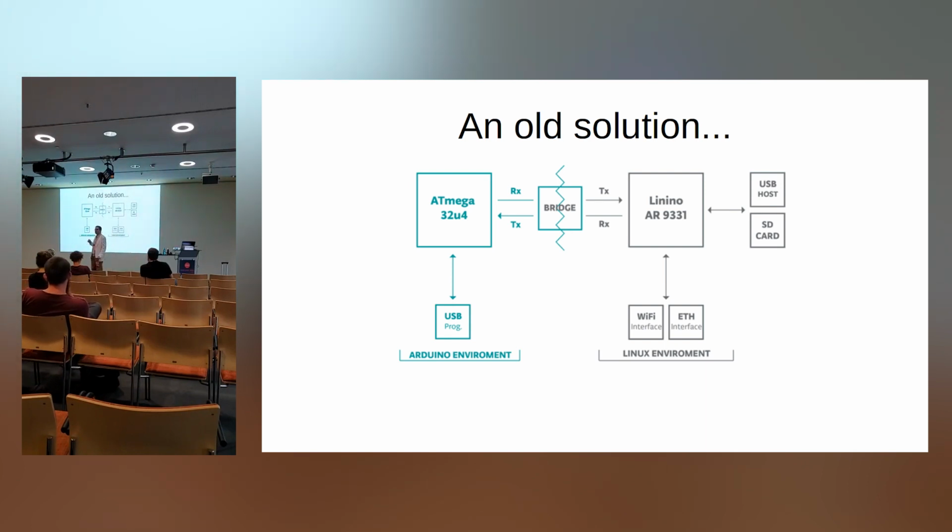This is the Arduino Uno. It's a pre-Arduino Civil War product, and they combine a real-time environment and a compute environment via the serial port, which you see here in the middle. And this is also the solution I will advocate for during the following minutes.